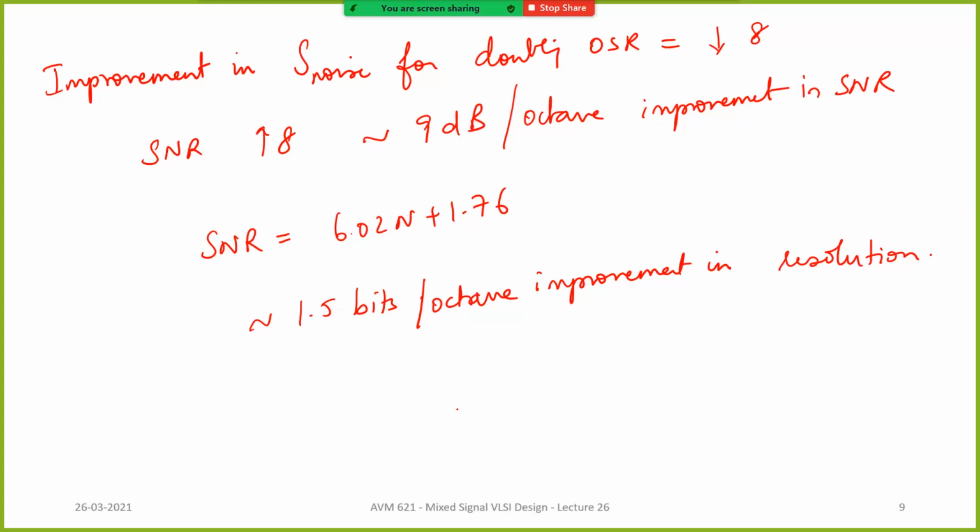Of course, you also need the same resolution D to A converter. But if you put it in this feedback loop and do the oversampling, filtering and decimation, you can take a low resolution ADC and form a high resolution ADC out of it, correct?